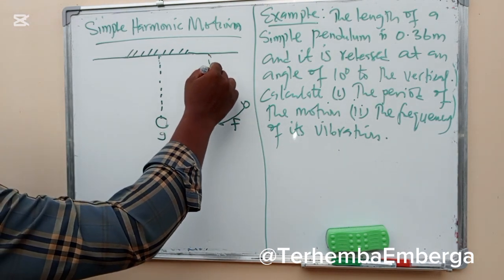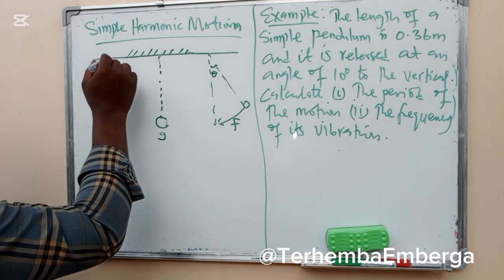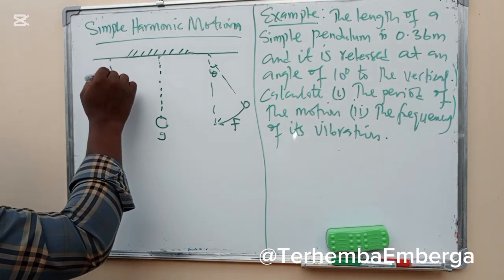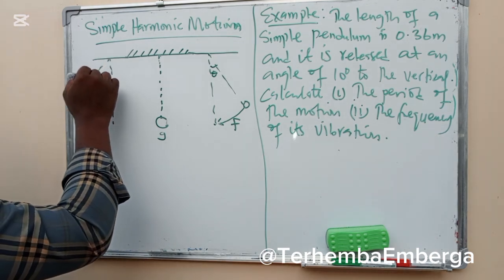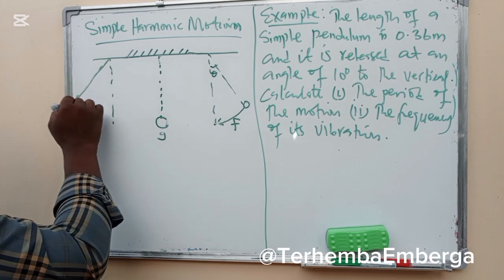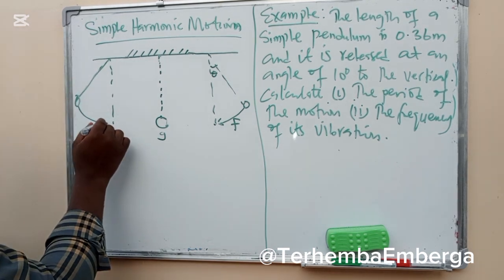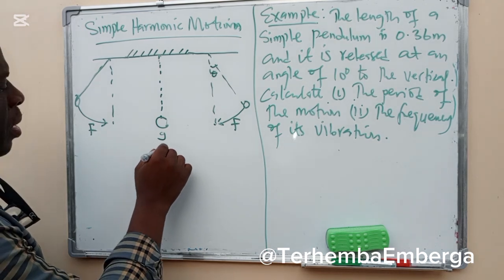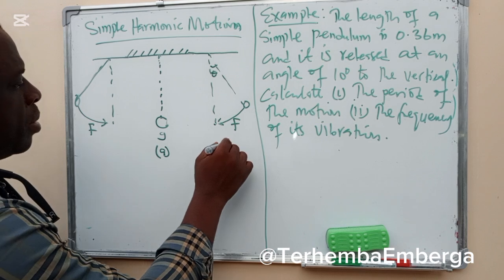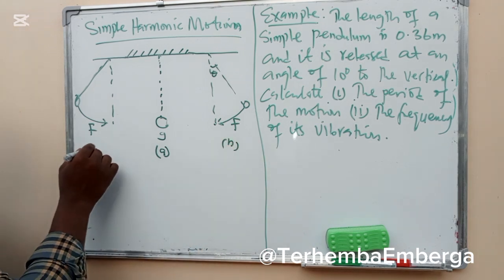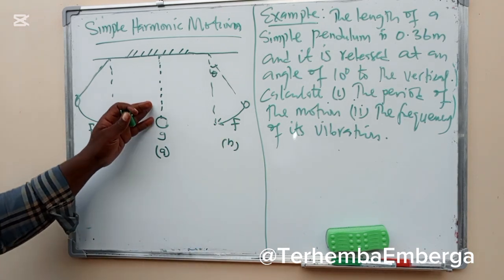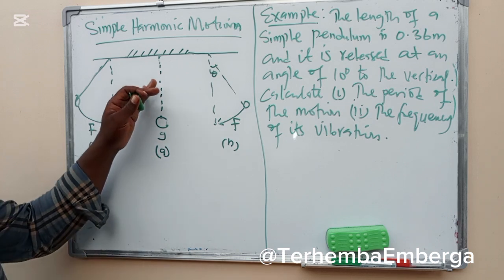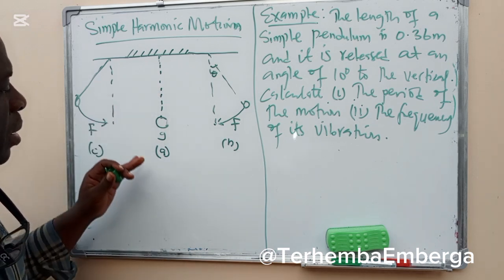This is displacing it on the right. If you displace it on the left, the restoring force will also be there. So assuming this is our A, B, C. A stands for the point where there's no displacement.